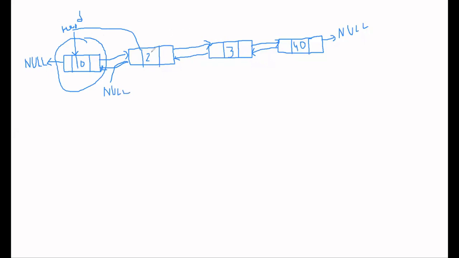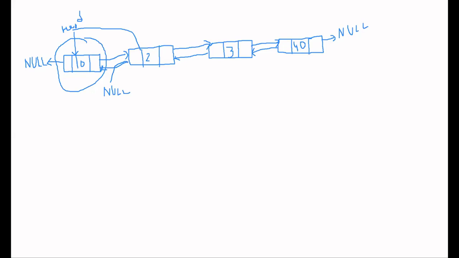Its next will be pointing to 3, and 3's previous will be pointing to 2 only, and 40's next will be pointing to null. Is the concept of deletion clear with everyone? I hope nobody has any doubt. If anybody has any doubt, do ask me. I'm assuming that you're not having any doubt.